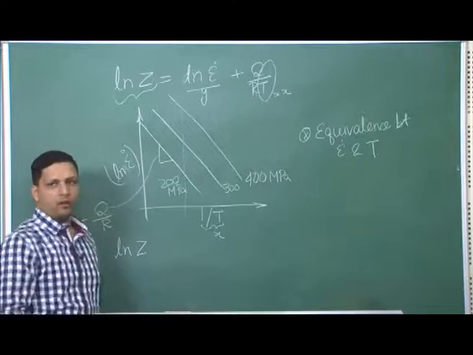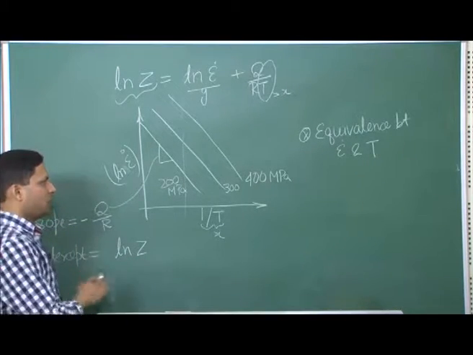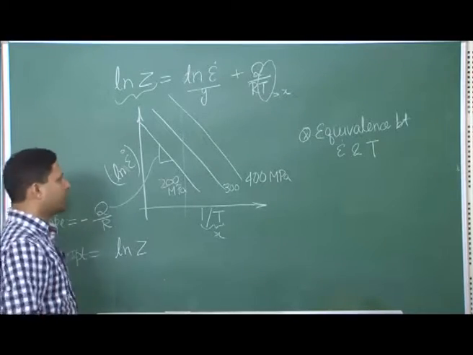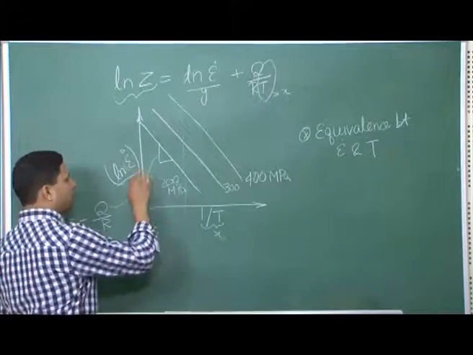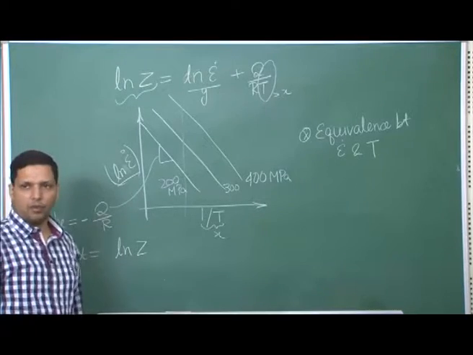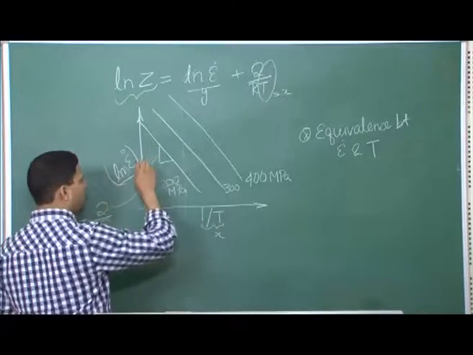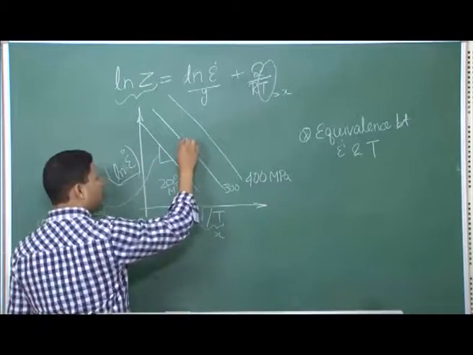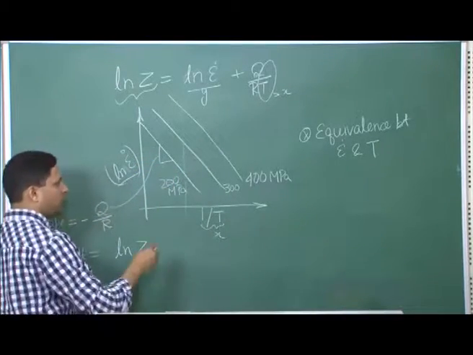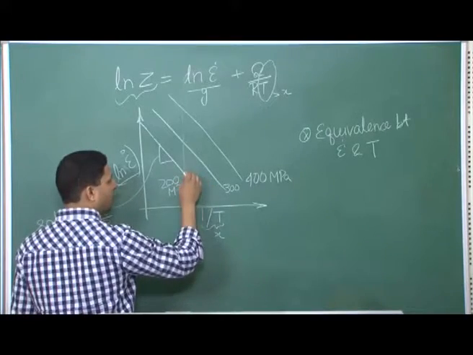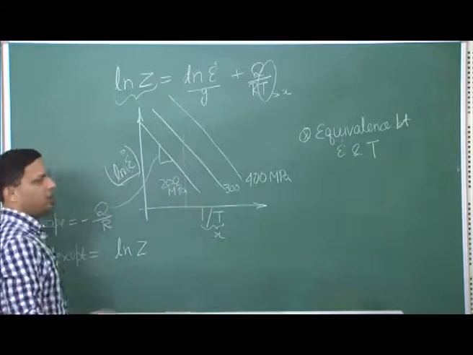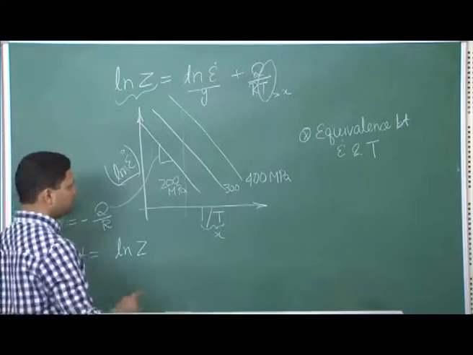So, that is a kind of secondary verification that what we have drawn here is right, and at the same time we are talking about ln strain rate and not absolute strain rate. Therefore, the increase in strain rate has to be very large, something like 2 or 3 orders of magnitude, to get a very substantial increase in flow stress.